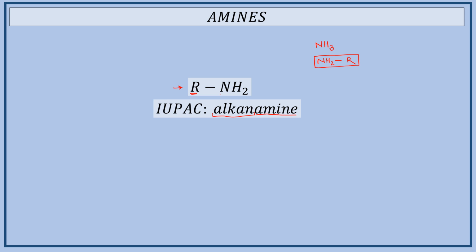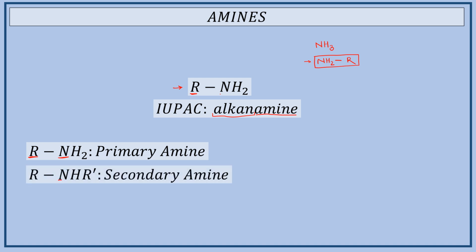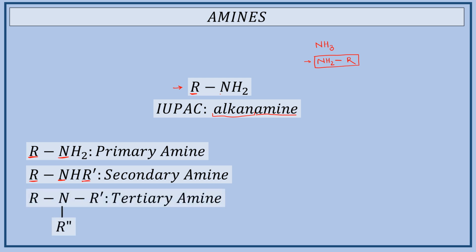Now there may be a possibility that another hydrogen is also replaced by an alkyl group. So we classify amines into primary amine, where the nitrogen is connected to only one alkyl group; secondary amine, where the nitrogen is connected to two alkyl groups, so two hydrogens are replaced by alkyl groups; or tertiary amine, where all the hydrogens are replaced by alkyl groups.